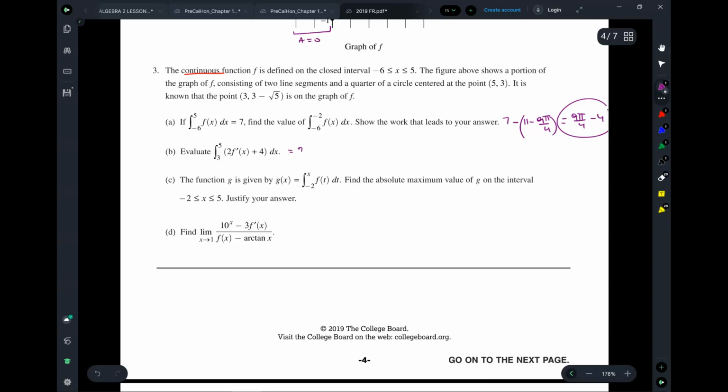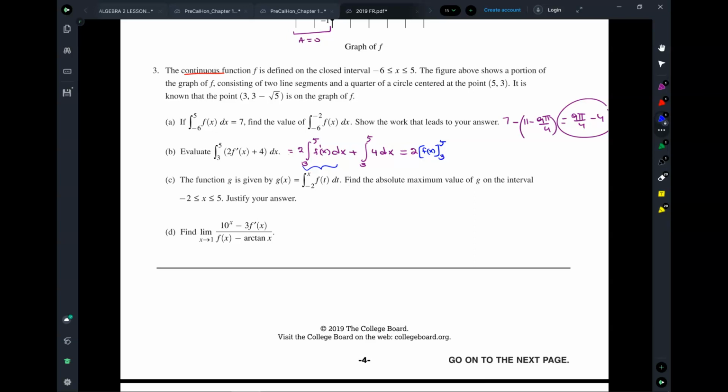I'm going to say this is 2 times the integral from 3 to 5 of f prime of x dx plus the integral from 3 to 5 of 4 dx. Okay, so this is 2 times, how much is this integral? What's the integral of f prime of x? f of x from 3 to 5.